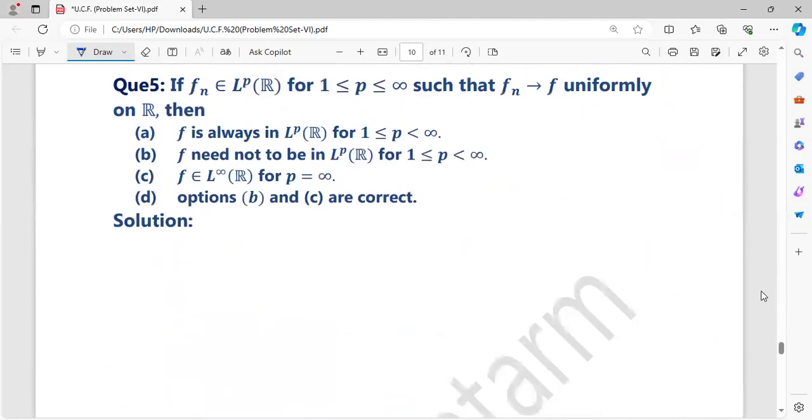Now see this option. fn belongs to LP, then converging uniformly. Now you see that I'm taking R in place of (a,b). Suppose I'm taking this case.